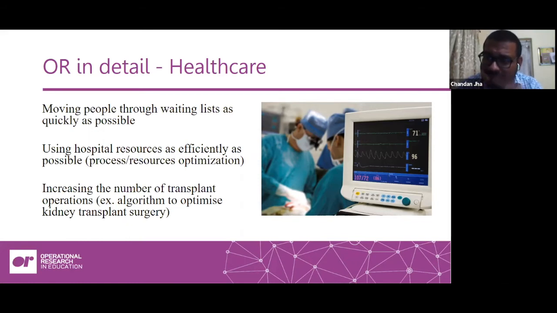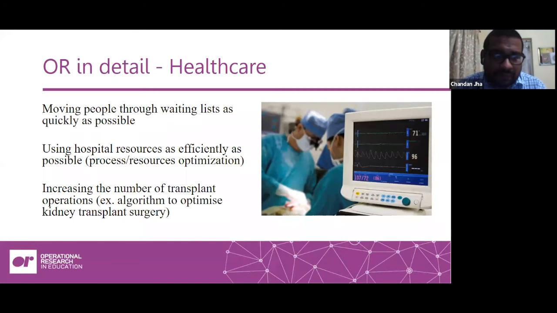Managing resources is very critical and always challenging, because of time, budget, funding, money, and staff. A lot of different algorithms and models are there.